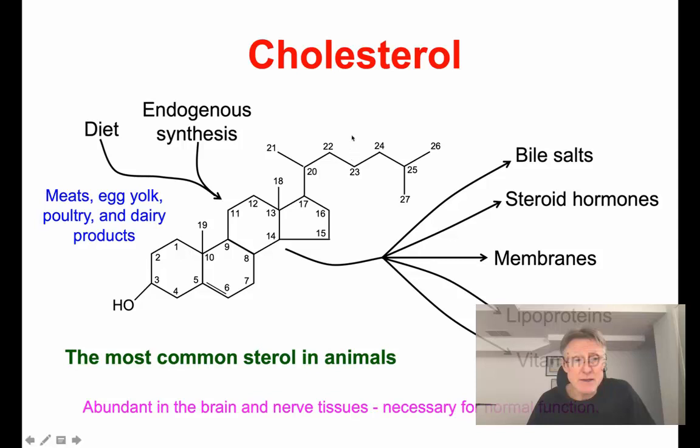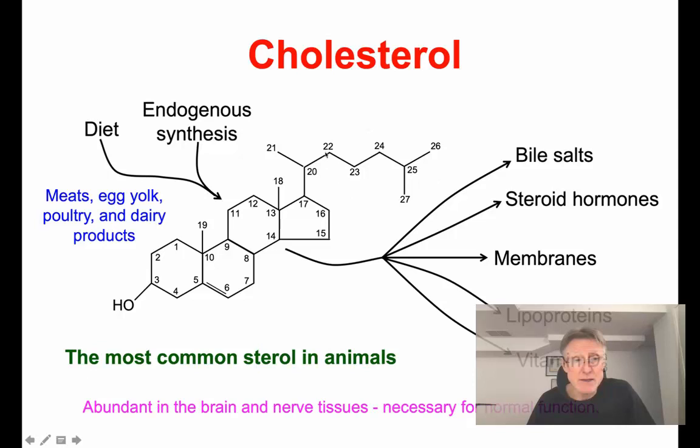So cholesterol is depicted here. You see those 4 ring structures right here, the sterol nucleus, with a hydroxyl group here and a branching structure formed by carbons, a hydrocarbon branching structure, up here.